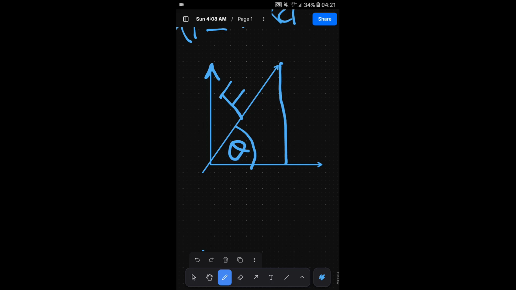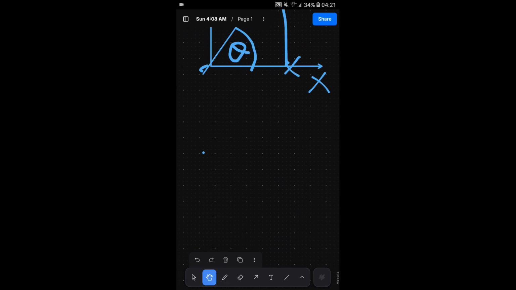These two vertical lines are of the same distance, the y and the x. To resolve this force into the vertical and horizontal components, you write this.